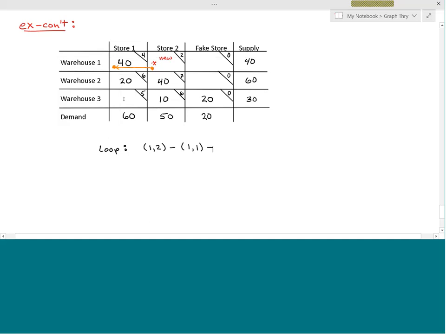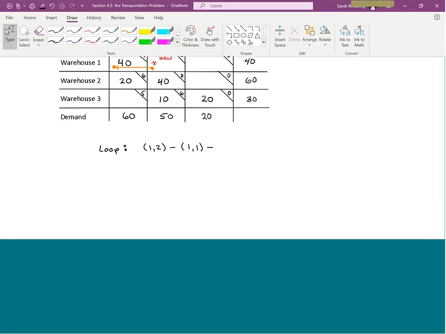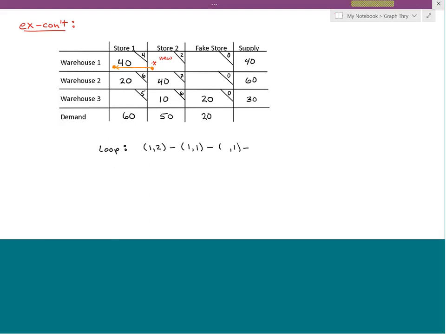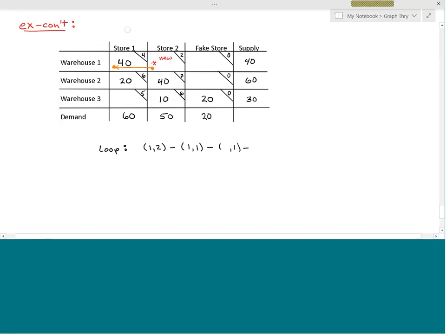Yes, row 2, column 1. That 20 was the only other cell in that column that had a number in it.